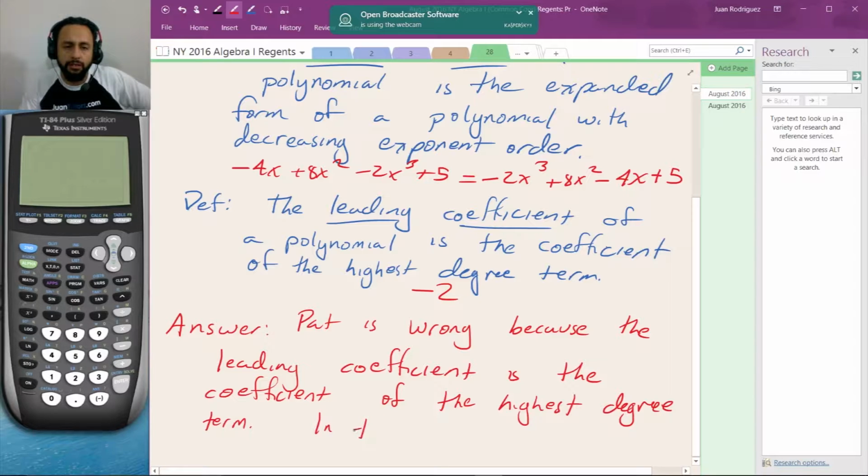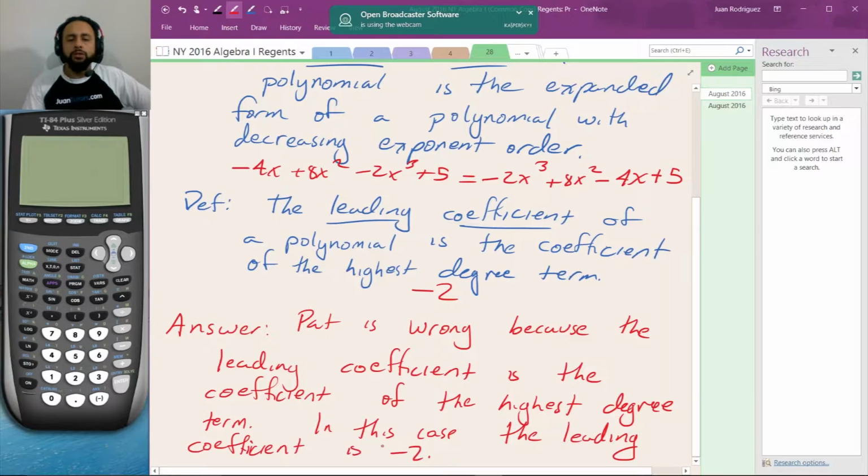In this case, the leading coefficient is negative 2. So that's a perfectly valid 2-point answer. All done.